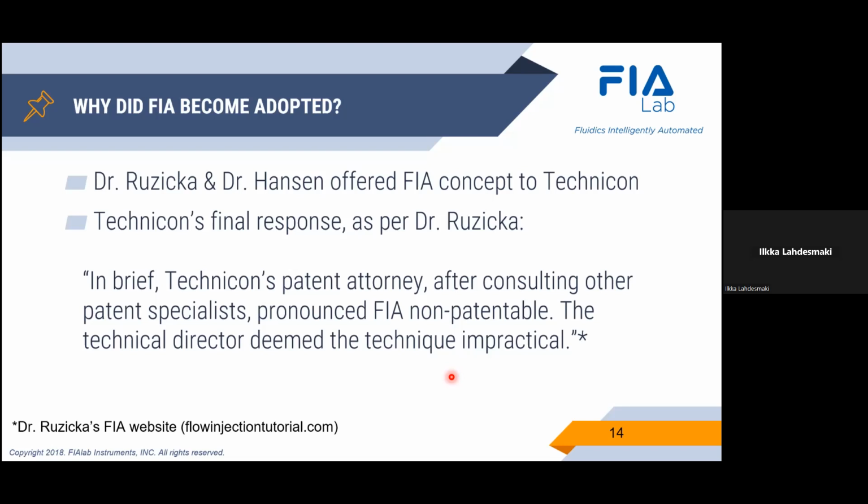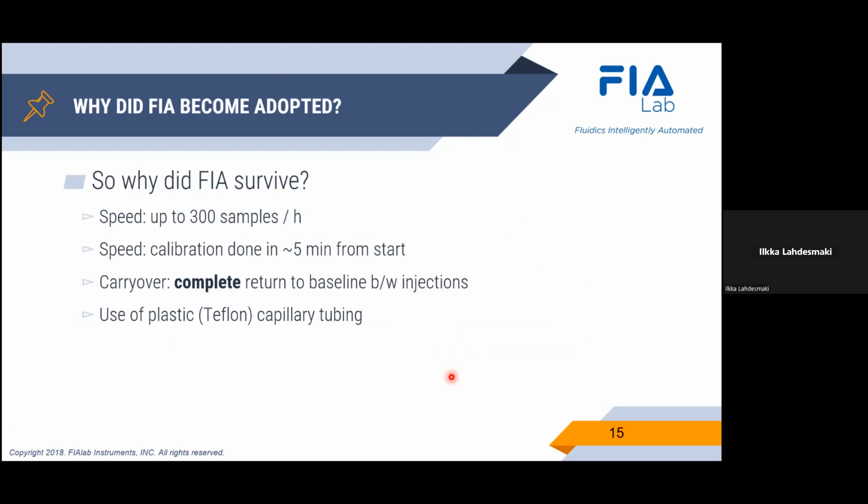And against that background, we do have to ask the question, why would FIA survive? When I thought about it, these are the things that I can come up with as a way of explanation. One is speed. In its extremes, a FIA instrument can be tuned up to run up to 300 samples an hour.